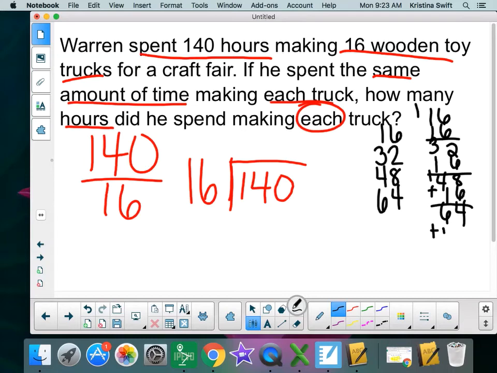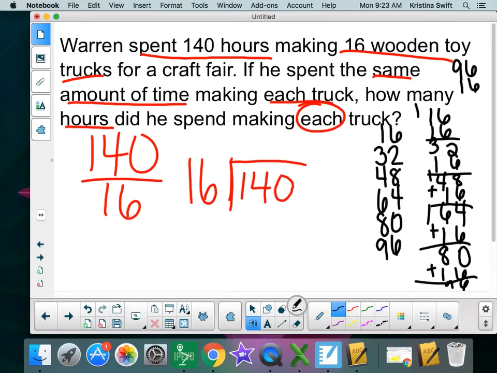Not there yet, so I'm going to add 16 again. I get 80. Not there yet, so I'm going to add 16 again. I'm at 96. I'm going to come up here and continue. Plus 16. It's 112, so I'm getting close.